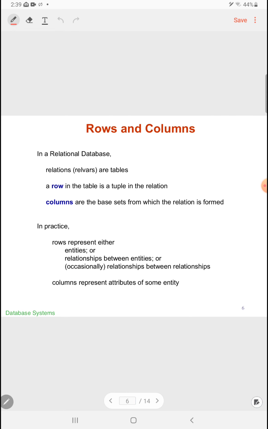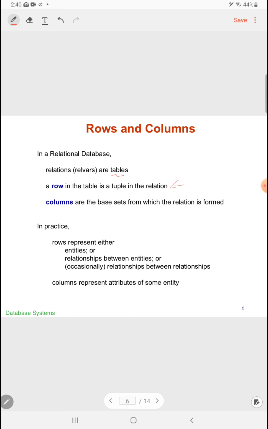Okay, rows and columns. Relations, or RelVars, are tables. A row in a table is a tuple in the relation. A column is a base set from which the relation is formed. And I'll talk about attributes in a minute.